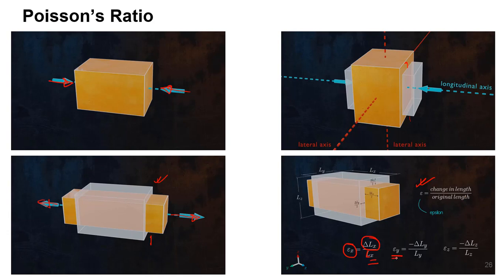Now what will be the strain in the y direction? We have seen that in the y direction, instead of elongation, compression takes place. So the amount of compression is minus delta Ly, divided by the initial length in that direction. Similarly, in the z direction also compression takes place. So epsilon y and epsilon z are negative quantities because compression takes place in those directions.